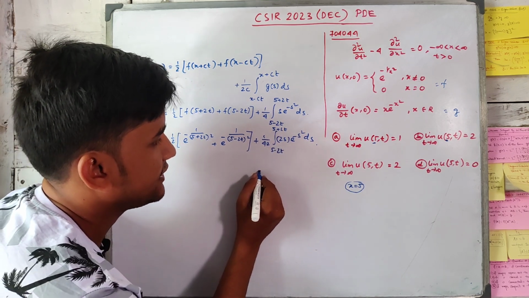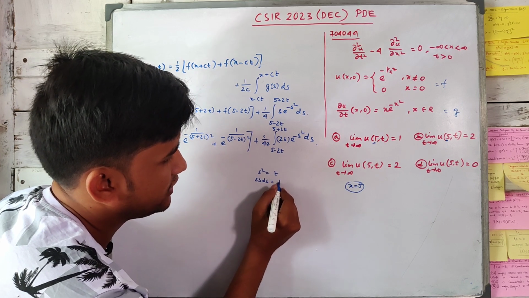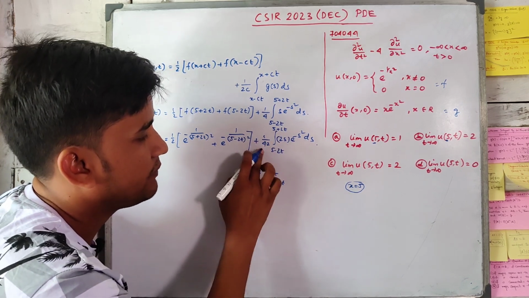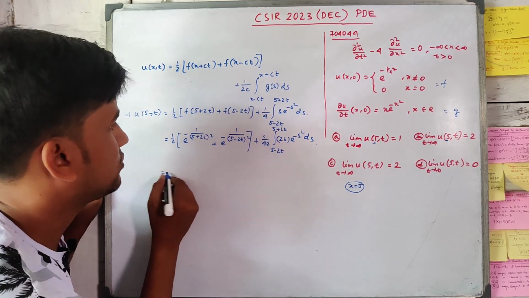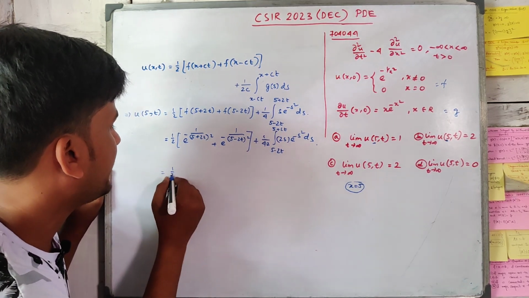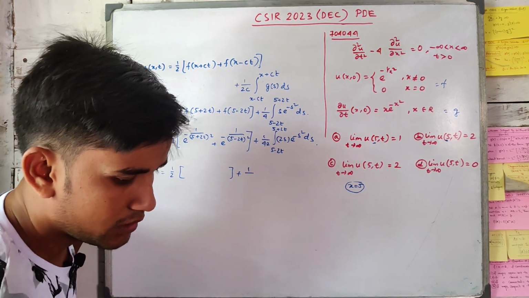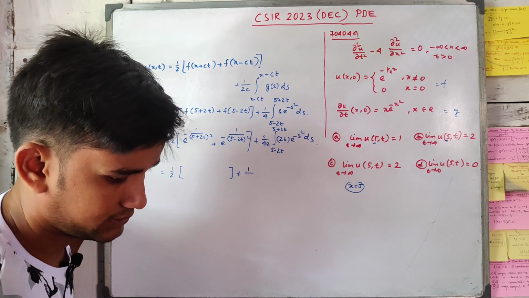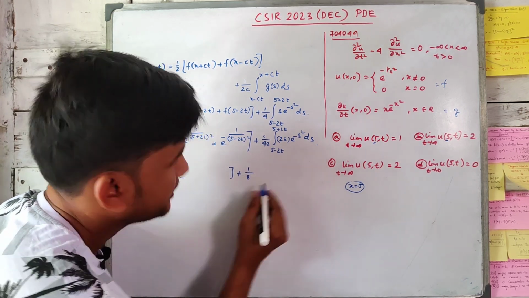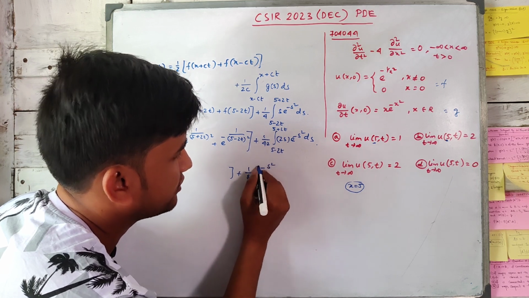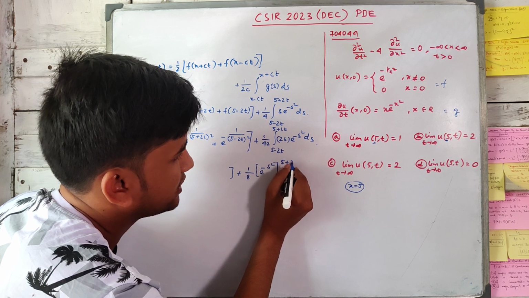Now if we write s square equal to t, then 2s ds is equal to dt. That's why I multiplied by 2 in the numerator and denominator. So this is equal to, this part is fixed, 1 by 2 into this term, plus 1 by 8 into e to the power minus s square, evaluated from 5 minus 2t to 5 plus 2t.